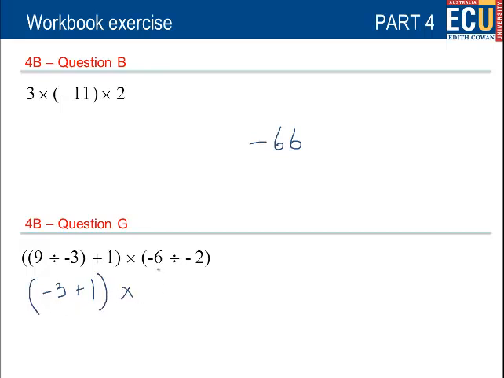Multiplied by negative 3 divided by negative 2. There are 2 negatives in that division, therefore it's a positive answer, which will be 3. Minus 3 plus 1 equals minus 2. Multiplied by 3 equals negative 6, because there is one negative in our calculation.